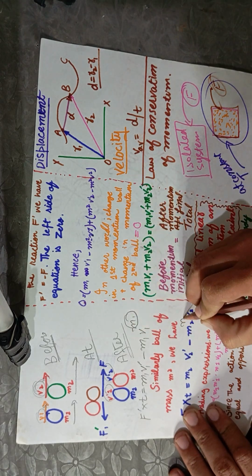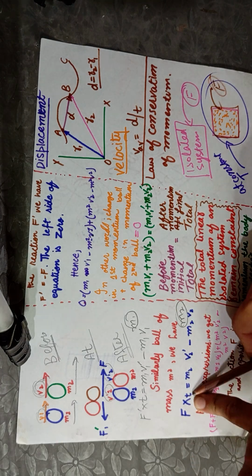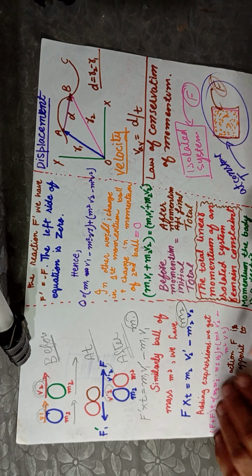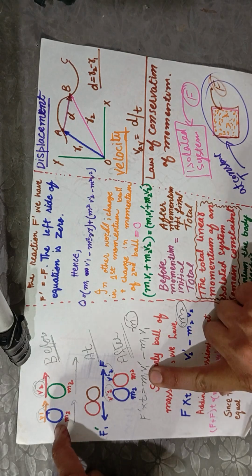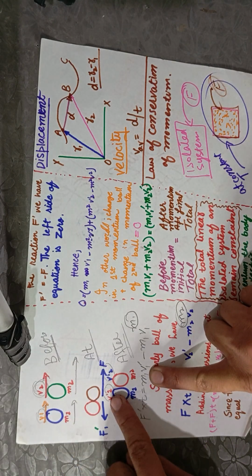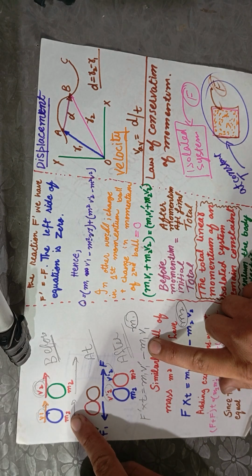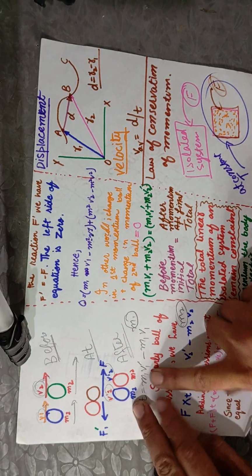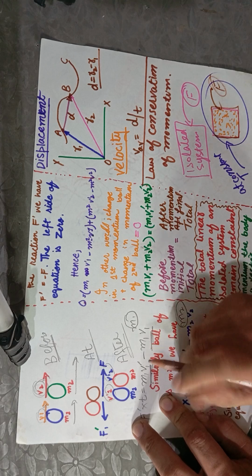For mass m2, F times t is equal to m2 v2 dash minus m2 v2. This is the final momentum minus the initial momentum.